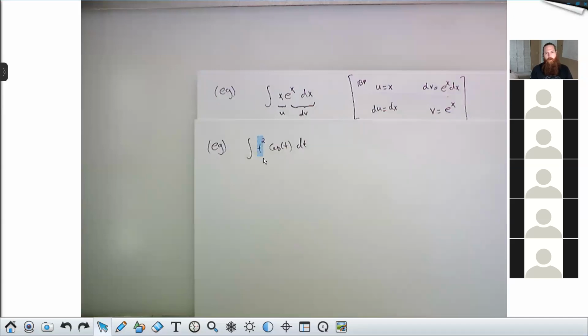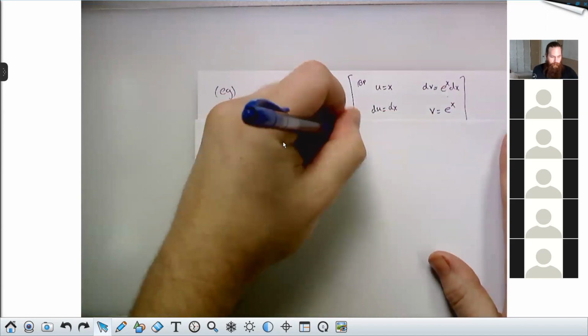So anytime you have a polynomial times e to the x, sine x, or cos x, you'll do the same sort of thing. We're going to run IBP.